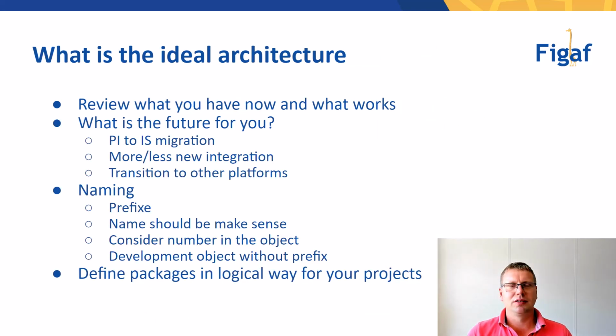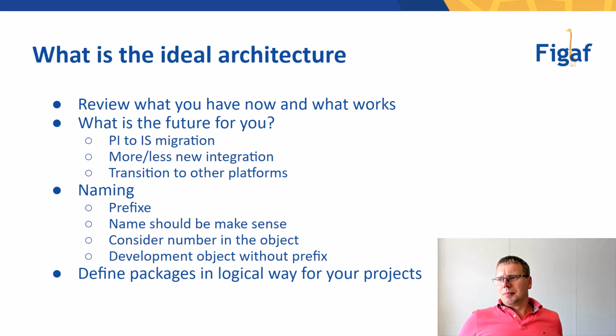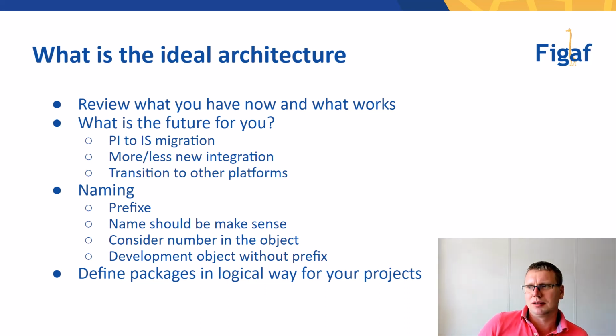So what is the ideal architecture? Obviously these are my ideas for what could be really useful. I think you should look at what you currently have in your integration system, and what the future looks like for you in terms of integration.